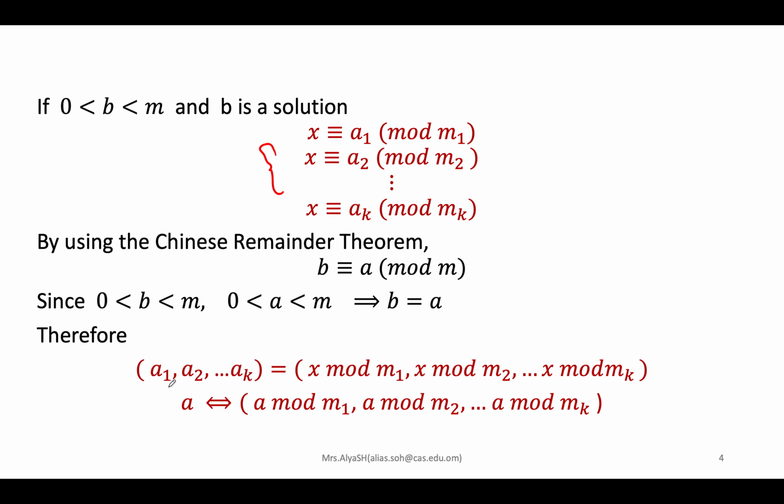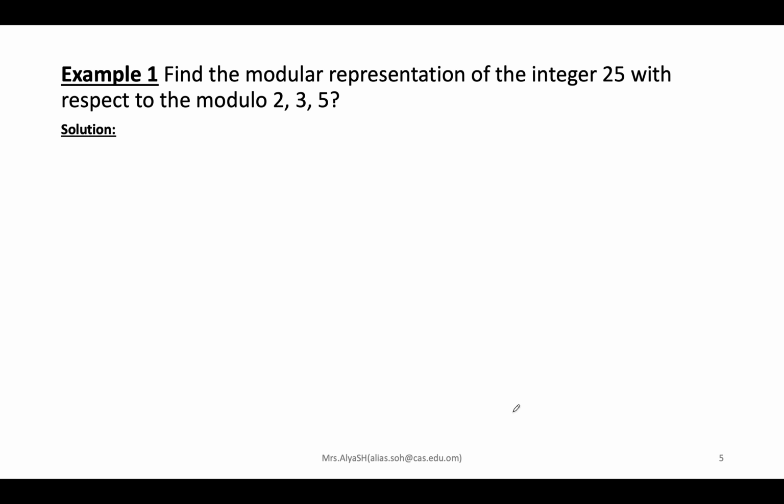So we say that a1, a2, ak equal x mod m1, x mod m2, x mod mk. Then a can be represented using a mod m1, a mod m2, a mod mk. And keep in mind the result here is the remainder when I divide a by m, and here and here. Let's see this example to explain whatever we said earlier.